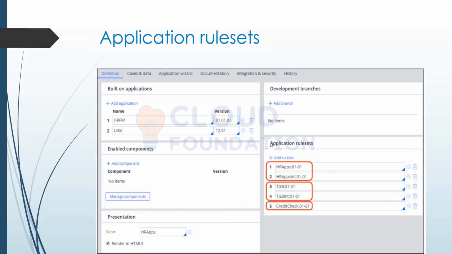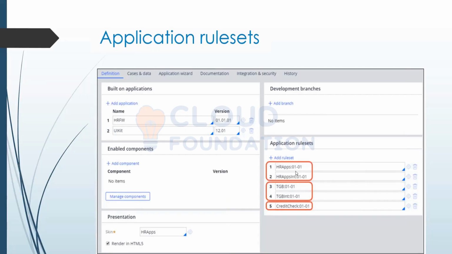All those listed in the application rule sets, we call them a rule set stack. We call it a stack because this order is what determines the priority. Which rule set should be given priority here? The top priority always goes to your application rule set because that's where most of your rules would reside.